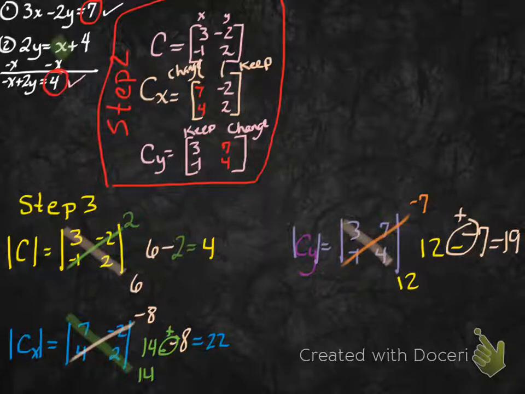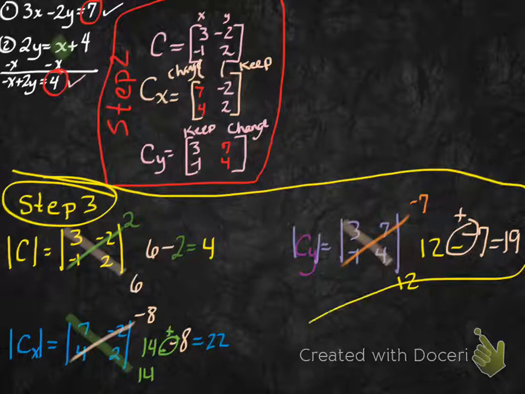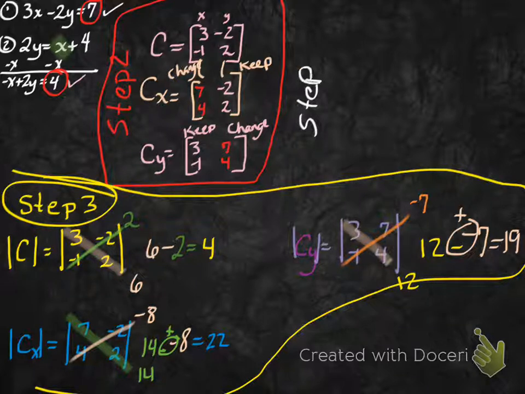Now that I have step 3 done, I'm going to step 4, and step 4 is the easiest step. In step 4, we're actually finding out the ordered pairs.